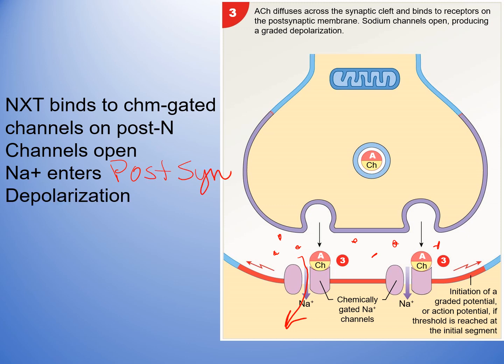And this causes depolarization, which is the first step to having an action potential. And you can see down here that this diagram indicates an action potential in the postsynaptic neuron. So this process is about stimulating the postsynaptic neuron. And of course, in order to stimulate the postsynaptic neuron, you need to have neurotransmitters in the synapse.